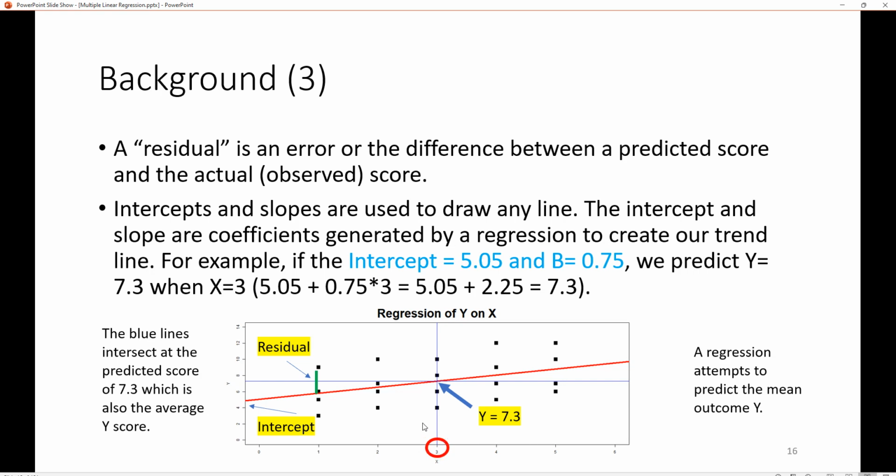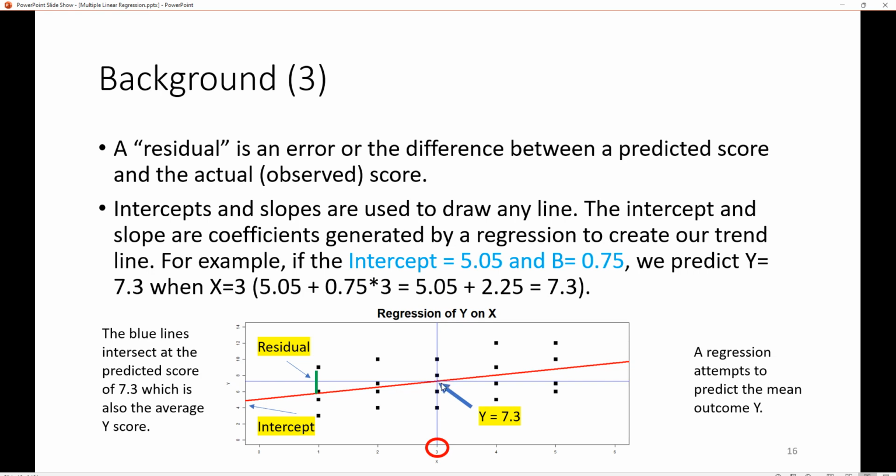On the x-axis of our graph, we see that red circle. So when x equals 3, and we use that intercept of 5.05 and the coefficient of 0.75 multiplied by 3, that calculates to 5.05 plus 2.25, that equals 7.3.